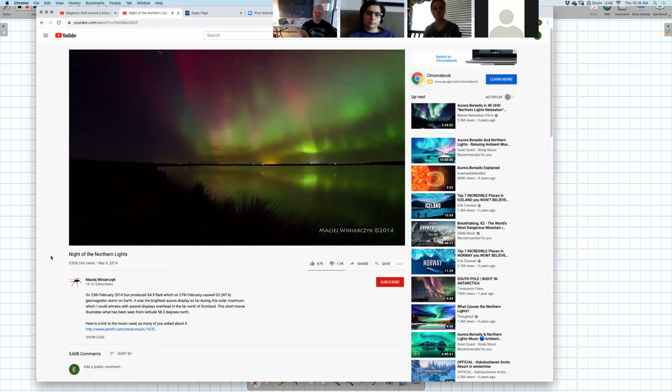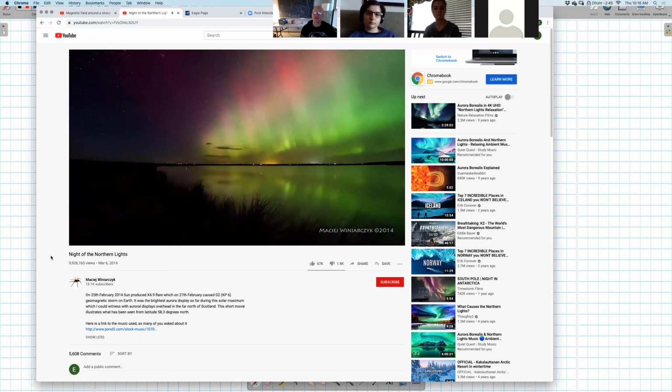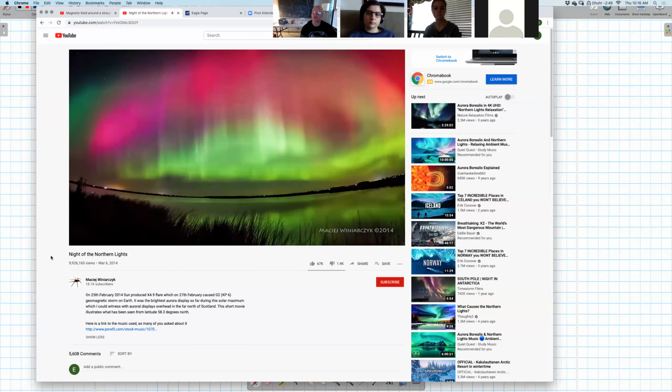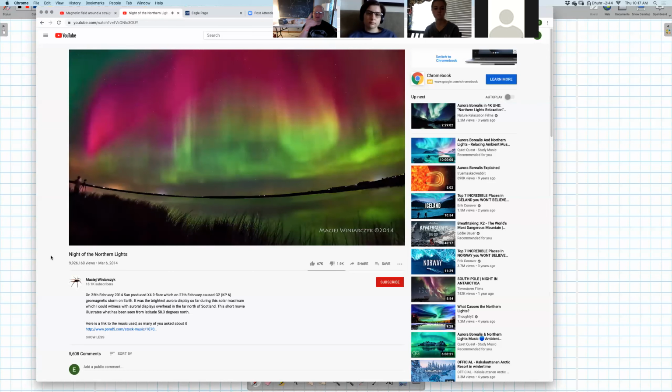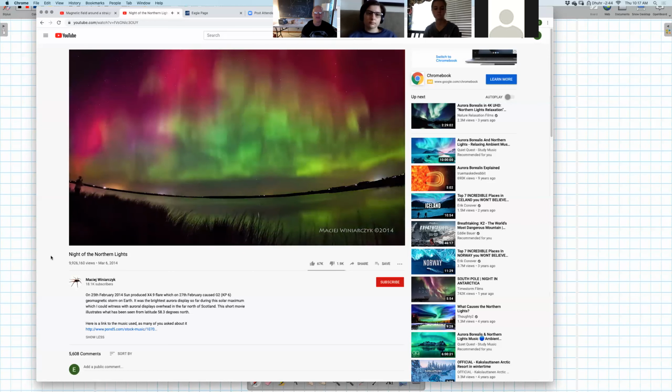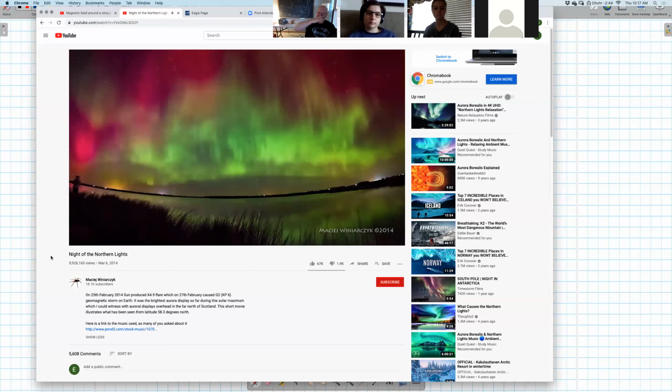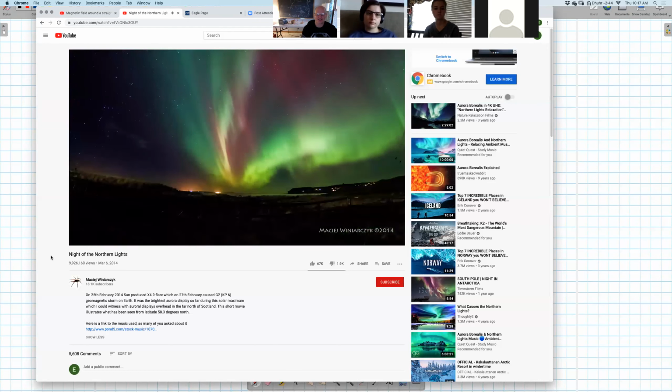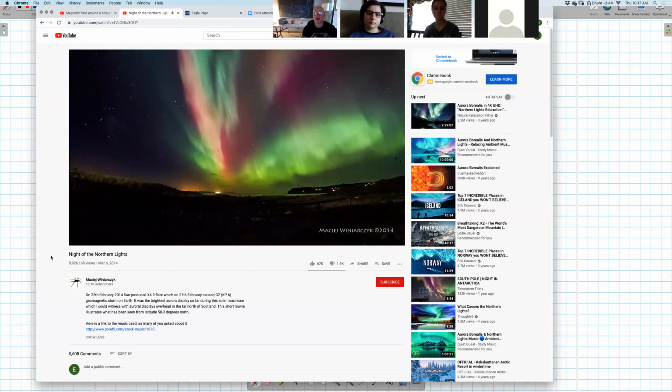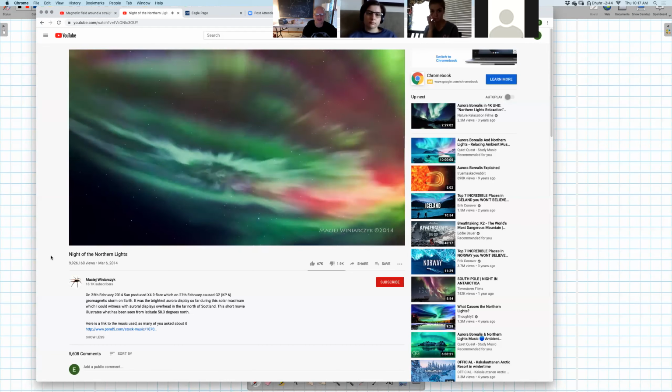So those lines that they're following are actually the Earth's magnetic field. So what it's doing is mapping out the field lines of the Earth's magnetic field. And all that light is just coming from the ionization of all of the particles in the air, from nitrogen, oxygen, and again, etc.